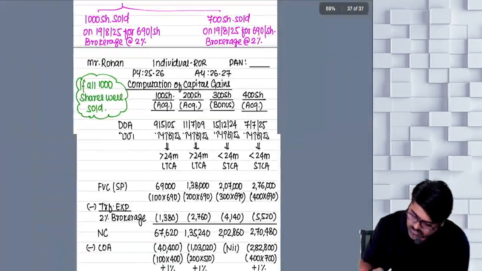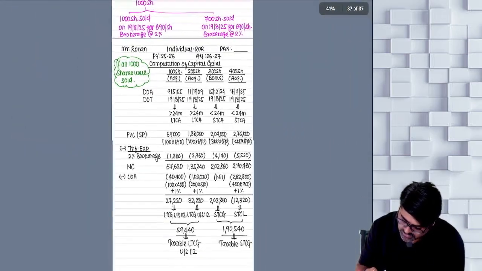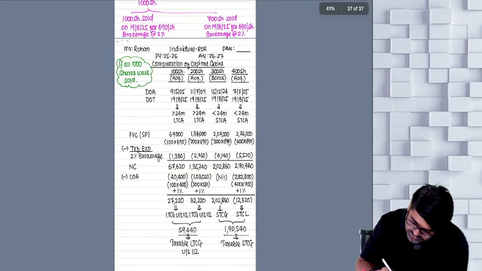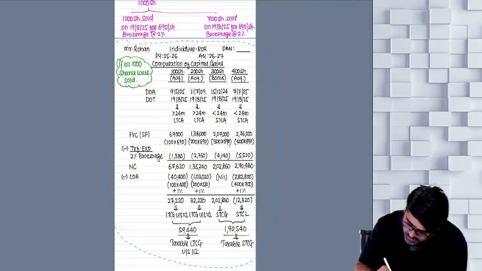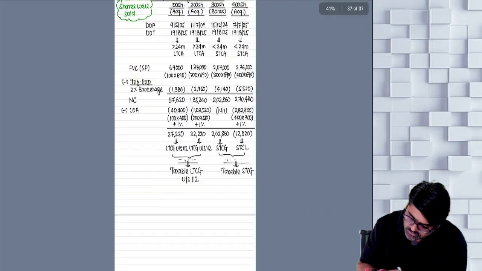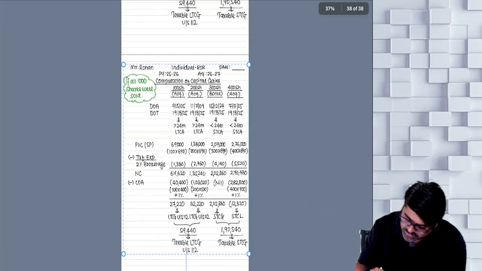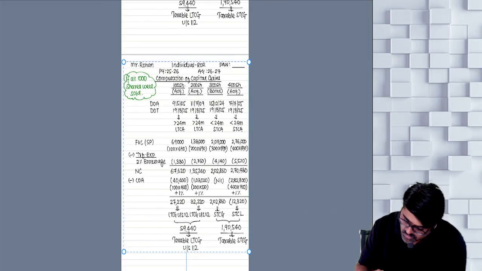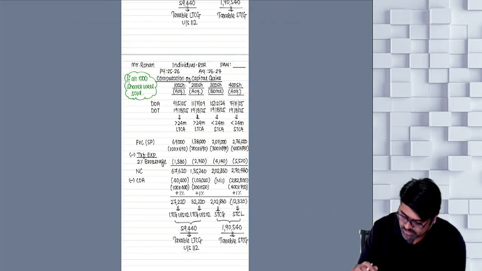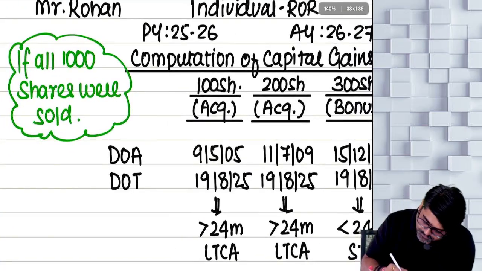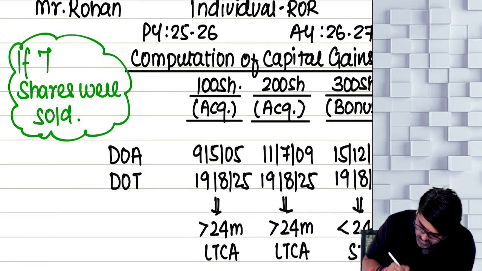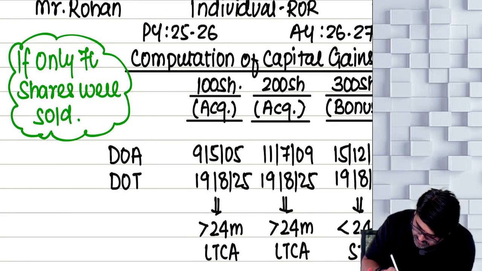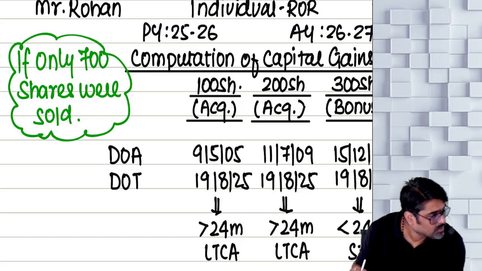Now second case, what I am going to do? Wait, see here. Copy paste only. Everything copy paste. But what things will change, I tell you. Just pay attention over here. Now if out of 1000, only 700 shares are sold.